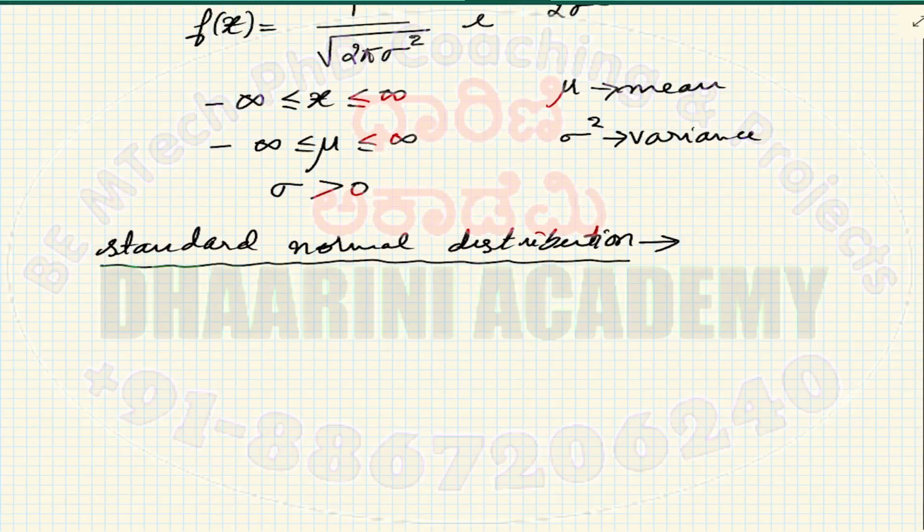Okay, so any problem that you solve on the normal distribution needs to be converted into the standard normal distribution so that you can simply refer to a table to get the answer. So for that reason, we have to look at the concept of standard normal distribution, to understand how to convert the given normal distribution into the standard normal distribution.